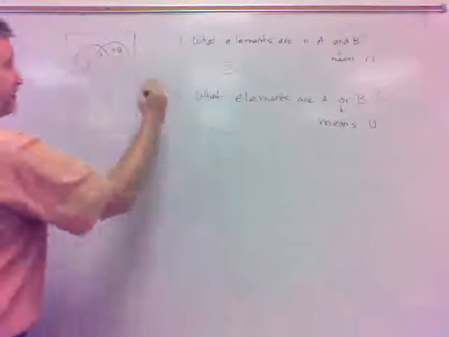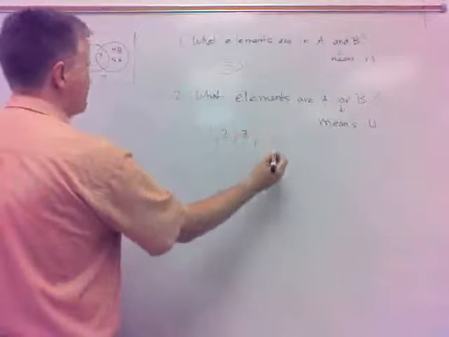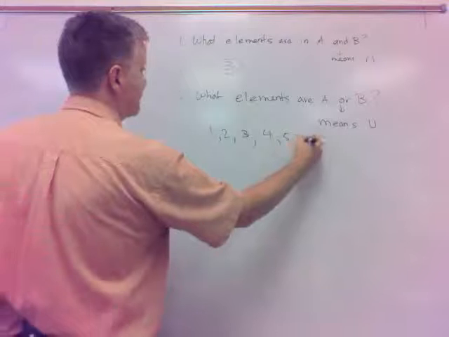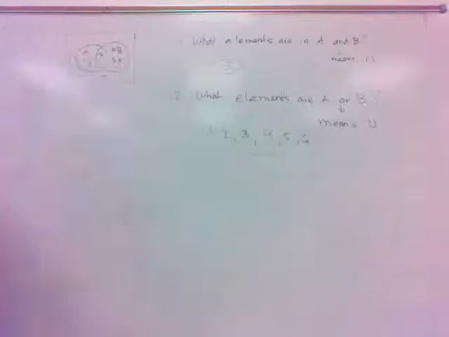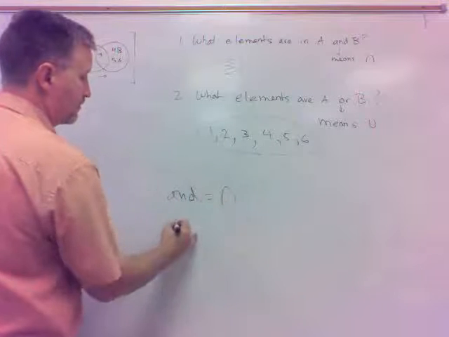Well, 1 and 2 are in A, and 3 is in A and B. 4 and 5 and 6, all those elements would be in A or B, in the union of the two sets. So if we ask a question that has and in it, we're talking intersection. And means the intersection. Or means the union.